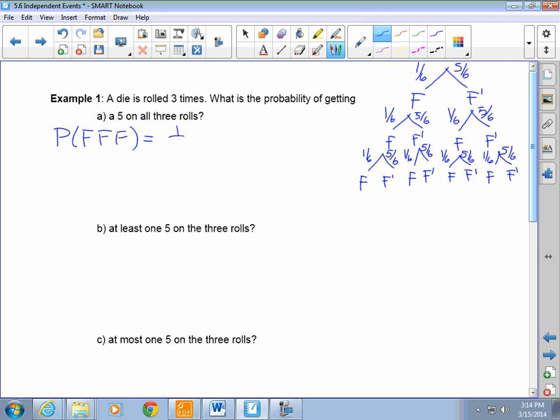So it's 1/6 times 1/6 times 1/6. So that's 1 out of 216, which is 0.46%. So it's a pretty slim chance. You don't even have a 1% chance of getting a 5 on all 3 rolls.